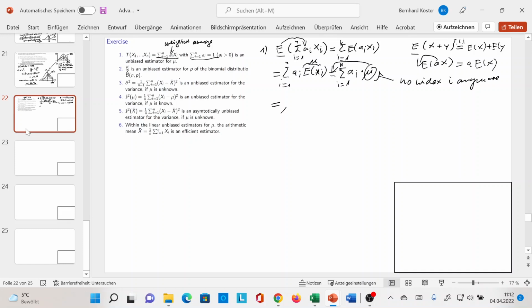So this is then mu times the sum i from 1 to n of a_i, but we have the sum over all a_i equals 1, and voila, the expected value of this estimator equals the true parameter of our distribution.